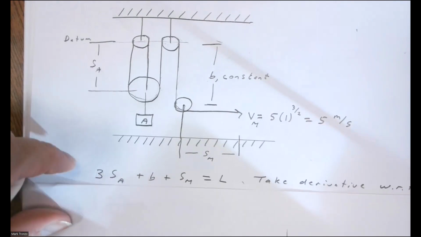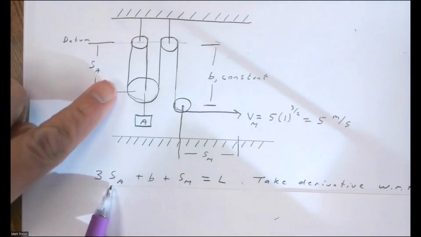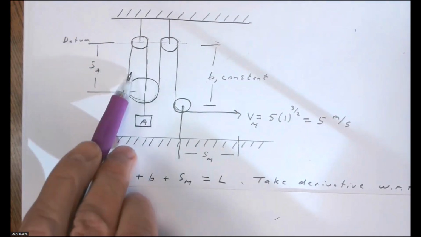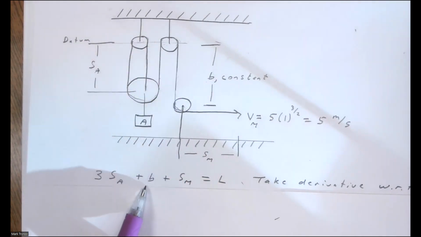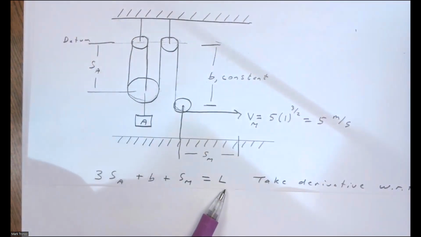So the total length of our cable is going to be a constant, and it'll be 3 times SA. That gets this one, then add this one B, add this one SM, equal to some L, and that's going to be constant, that L.